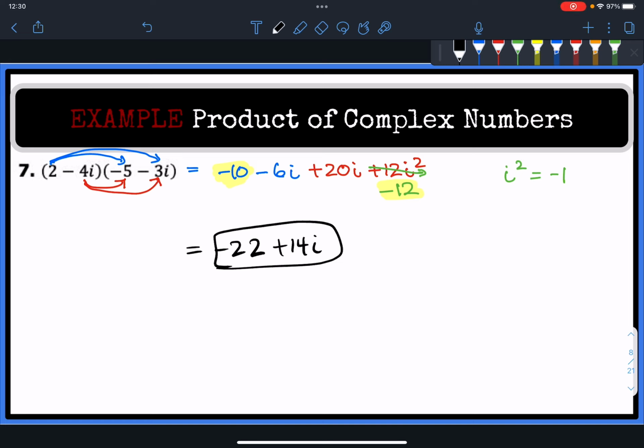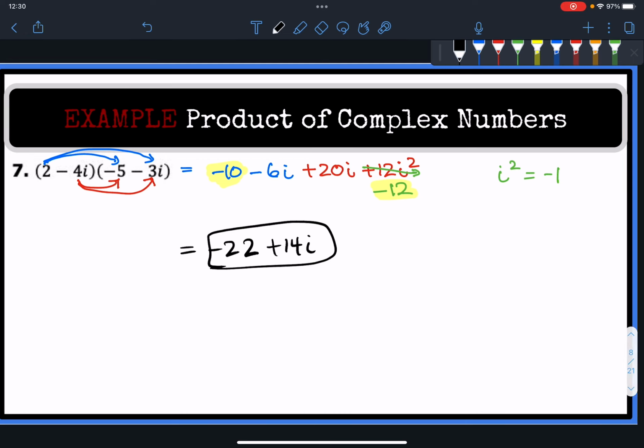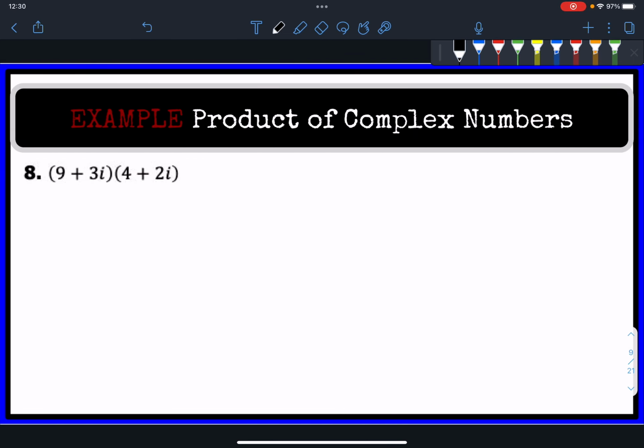Now, because again the strategy is very similar to that of polynomials and binomials, we can also use the box method to organize the product of these complex numbers.